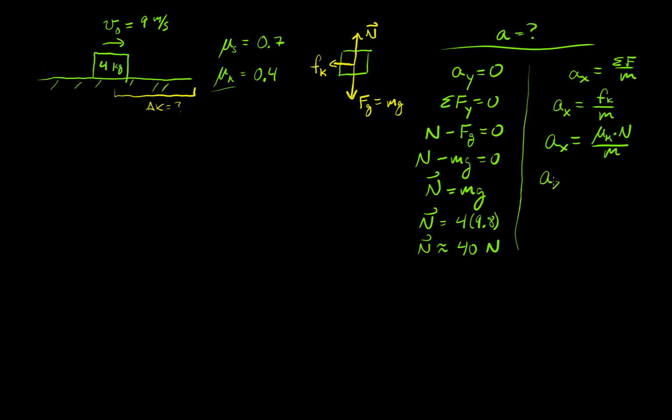Well, I need to substitute for the normal force now. And the normal force is 40 newtons. But what I'm going to do is put mg in there, because I'm going to do it algebraically. Because when you do it algebraically, you can see that the mass cancels. So the acceleration in the x is going to be the coefficient of kinetic friction times g. And there's my acceleration.